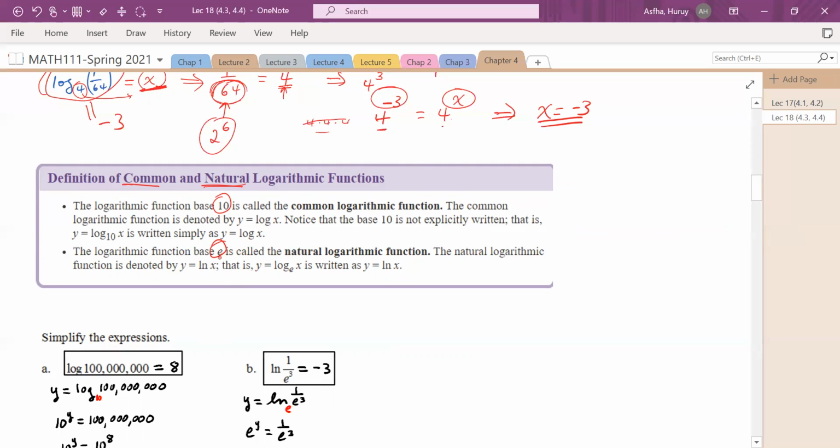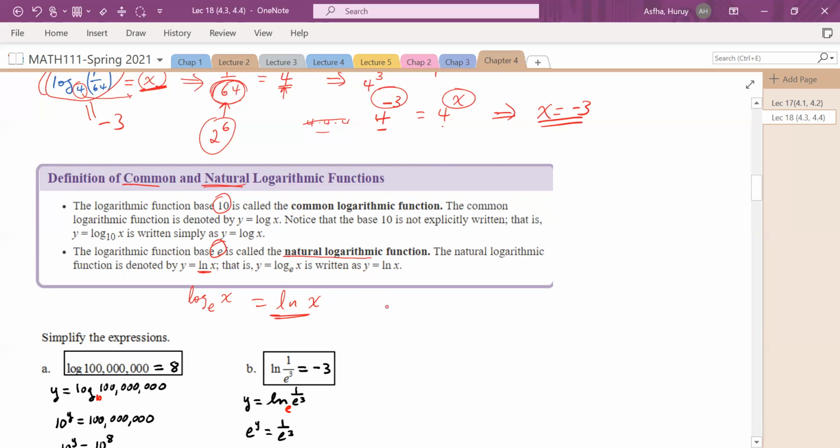If the base is e, we call it the natural logarithmic function, and we write it as ln. Instead of writing log base e, we write it as ln x. So whenever you see ln, that means the base is e.